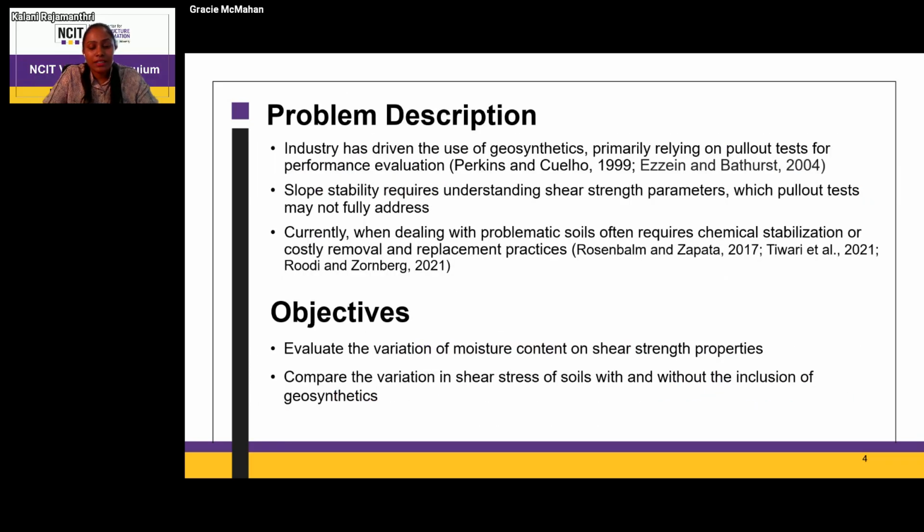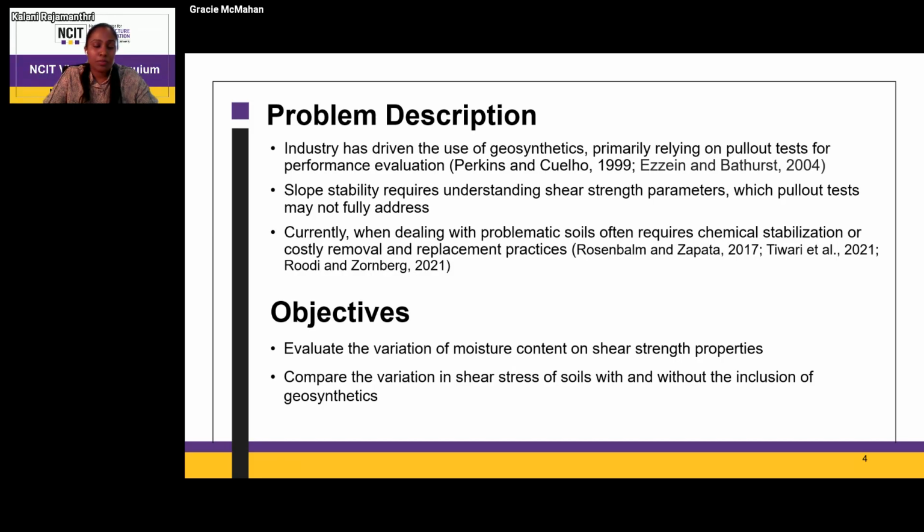This slide highlights the problem and the objectives of my study. Geosynthetics are widely used to improve soil stability, and performance is often evaluated using pull-out test results. As I mentioned earlier, true slope stability analysis requires a deeper understanding of shear strength properties, which may not be fully captured by pull-out test results.